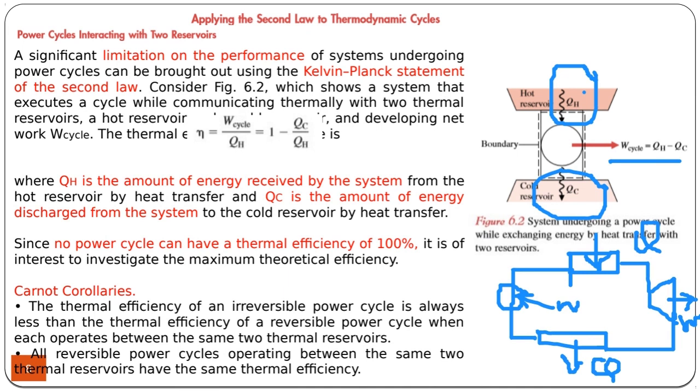It's necessary to convert it to liquid. In order to convert it to liquid, it has to be cooled. So some heat must be lost, some heat must be rejected. Otherwise, it wouldn't be possible to complete the cycle.